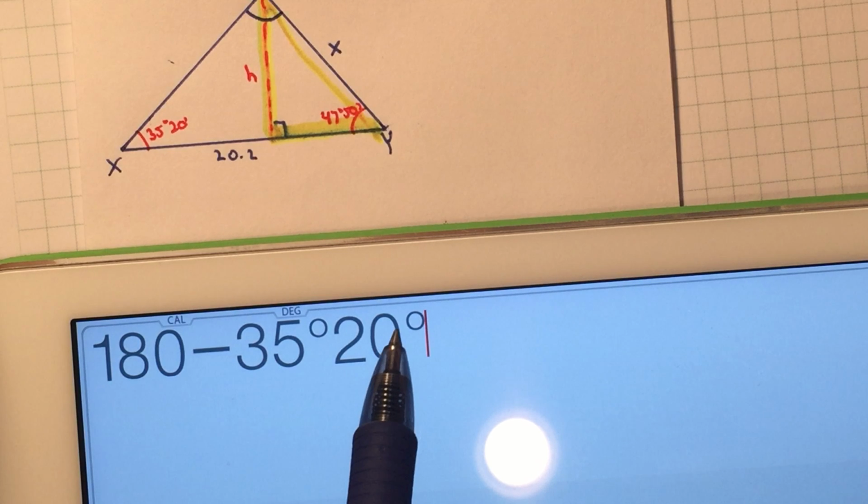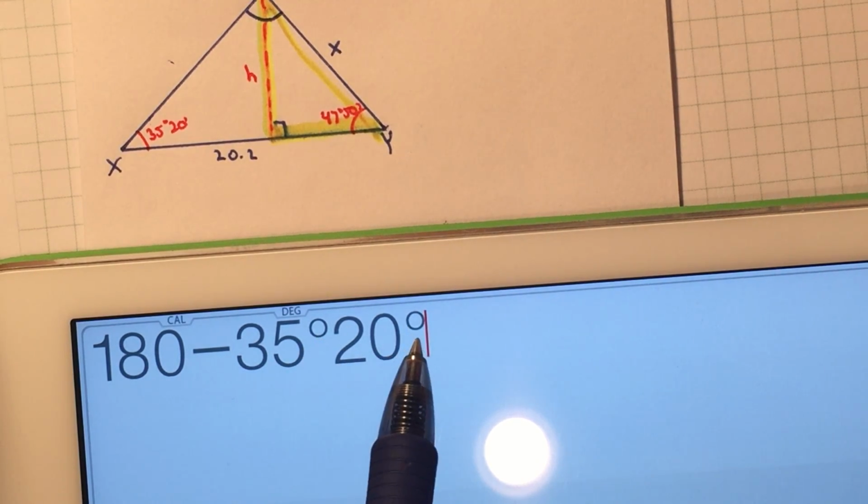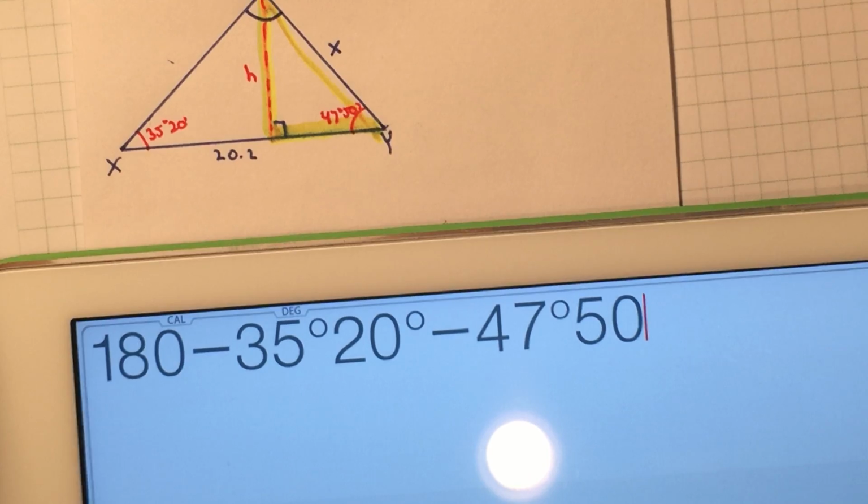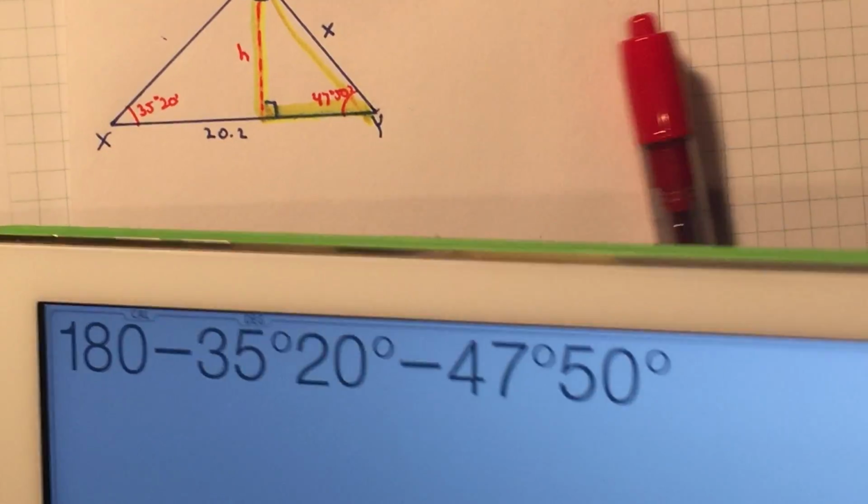Now remember that your calculator shows degrees, but automatically the last entry is minutes. And that gives you 96.8.